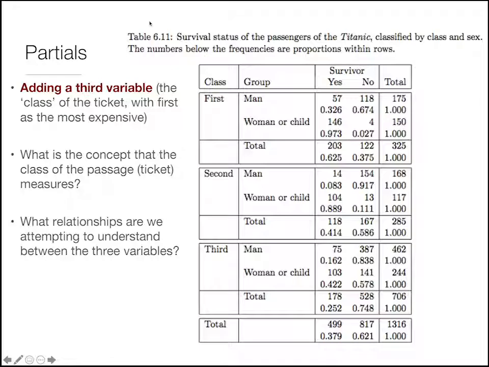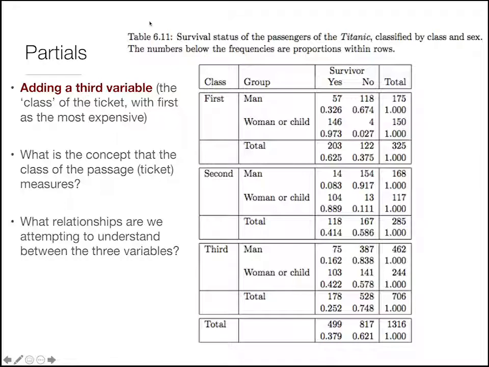What we see is that generally across the board, people in lower classes did not survive as much. For third class passengers, 528 did not survive versus 178 that did, as opposed to, say, first class, where the number of survivors is 203 versus 122.